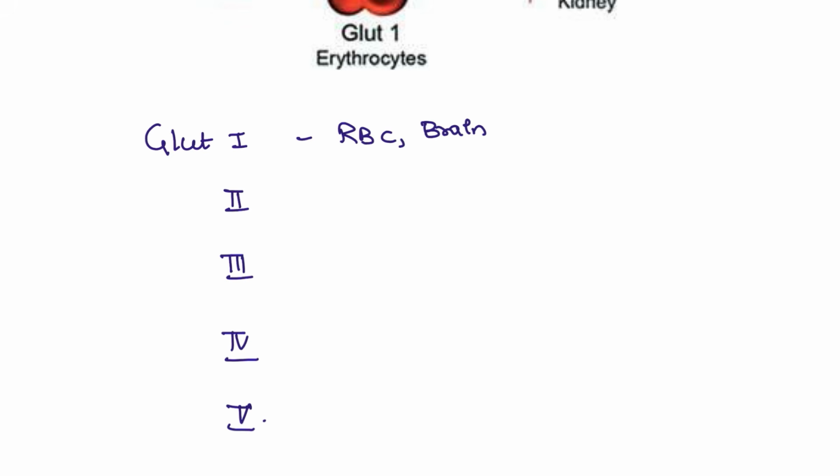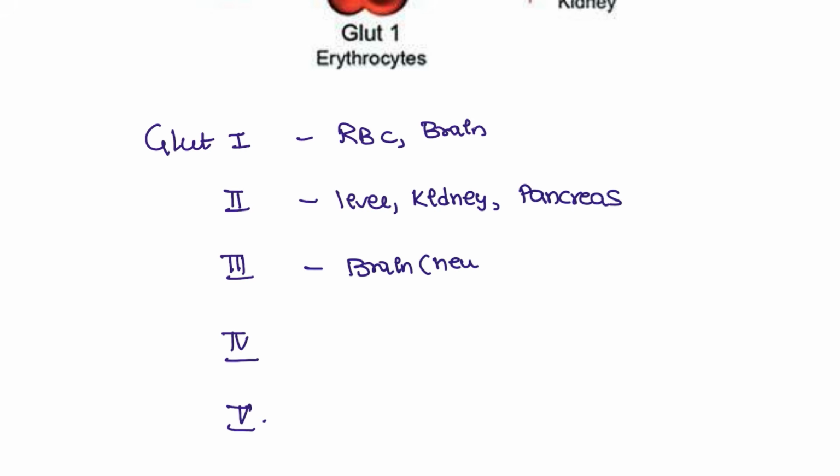Second one is seen with the liver, kidney, and also the important one, the pancreas. Third one is brain, the neurons, and also spleen and placenta. Here you can also remember retina.